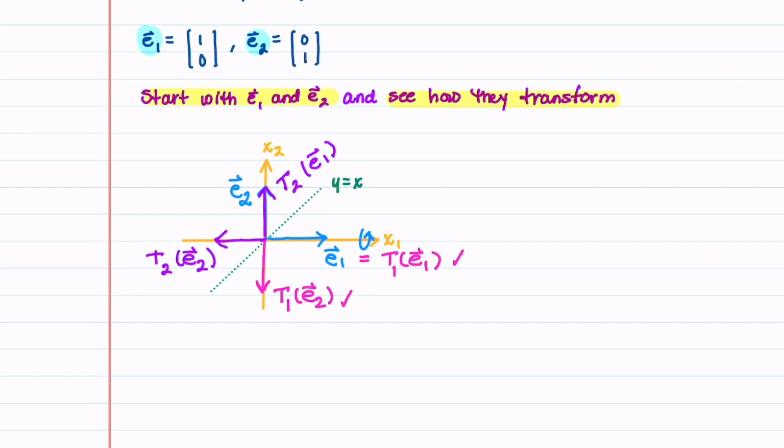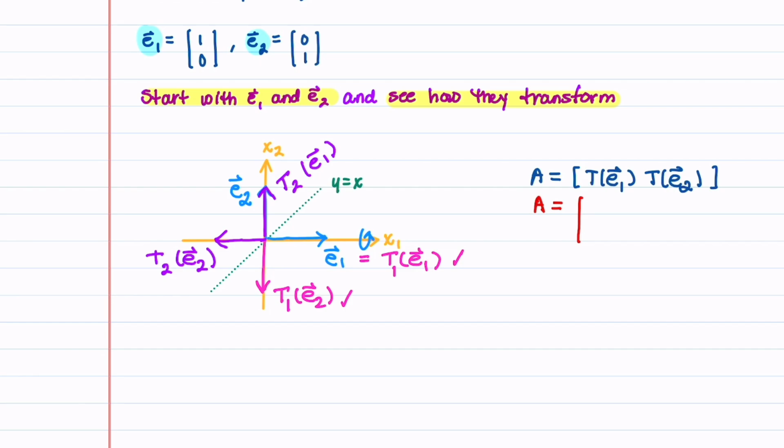Our standard matrix A is our T of E1, T of E2. And remember, these are the columns of A. So we can write our standard matrix A as our first column, which is our T2 of E1.